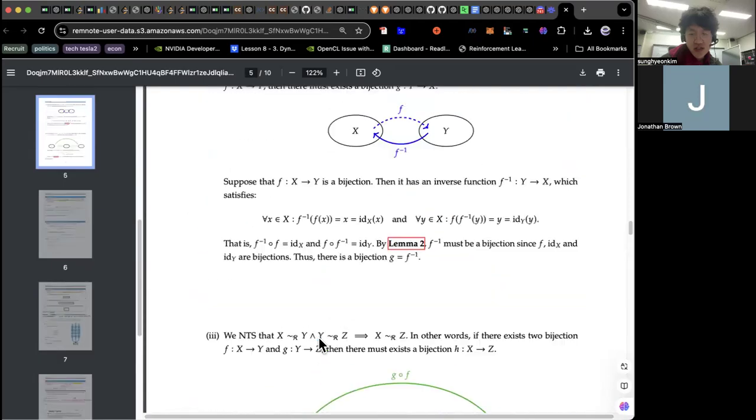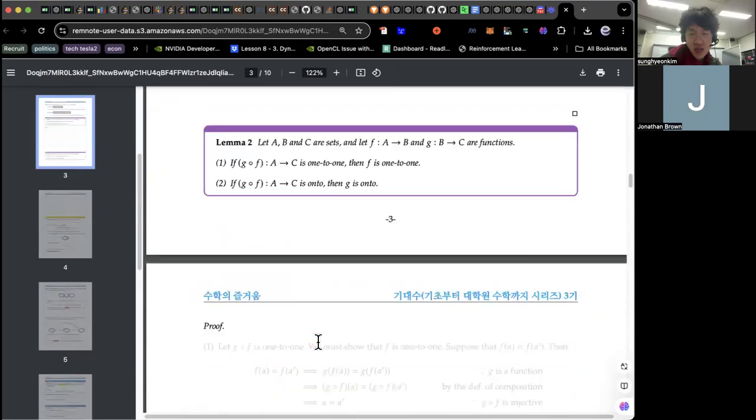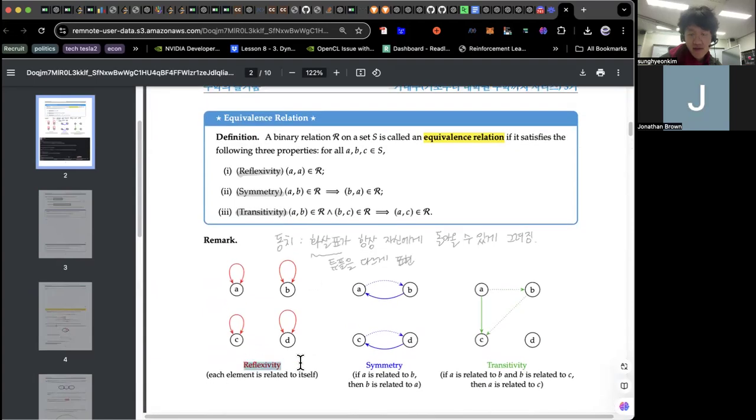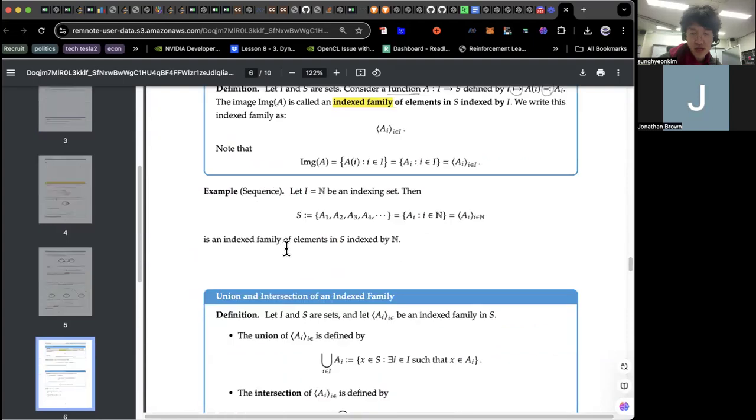Equivalence relation is defined in here. If there is reflexivity, symmetry, and transitivity, then we call it an equivalence relation.